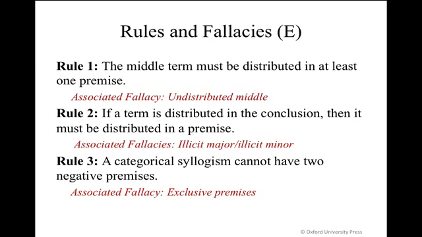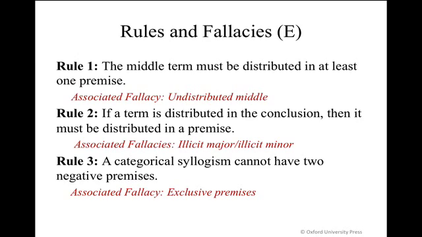So we know, for example, that the universal affirmative distributes the subject class but not the predicate class. Well, what if in your argument your middle term appears in the subject position of a universal affirmative claim? That means that your argument satisfies or passes rule number 1.